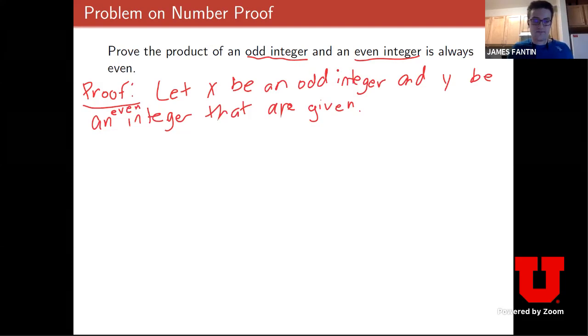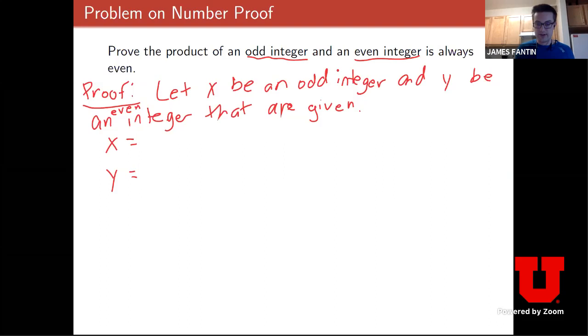Those are given. So if someone wants to throw up in chat, what could we say? How could we write x and y then? Or you can raise your hand and unmute.